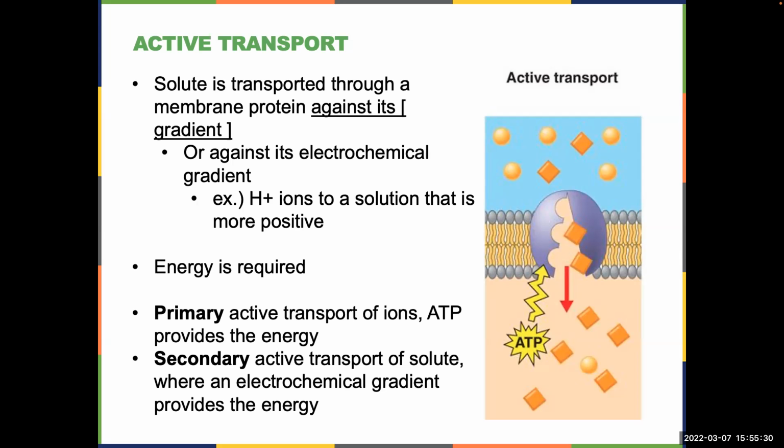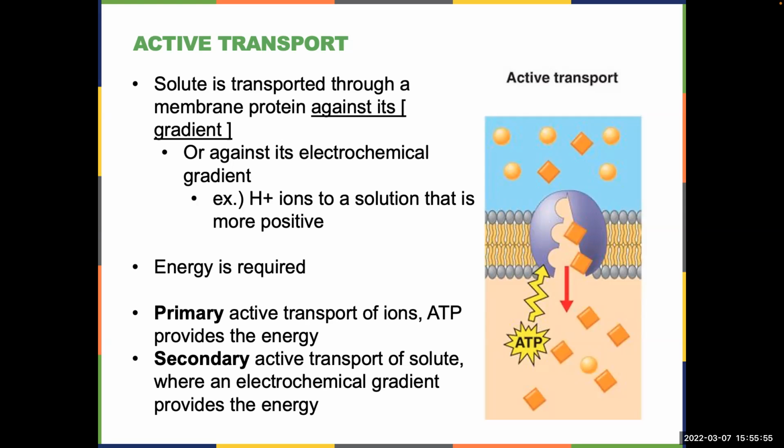So if you had a whole bunch of positive ions and you wanted to move H plus, and you think, well, there's no H plus over here, I can easily move it down its concentration gradient. But if you're trying to move it into an area that's already positive, it will be very difficult because of the electrochemical gradient.